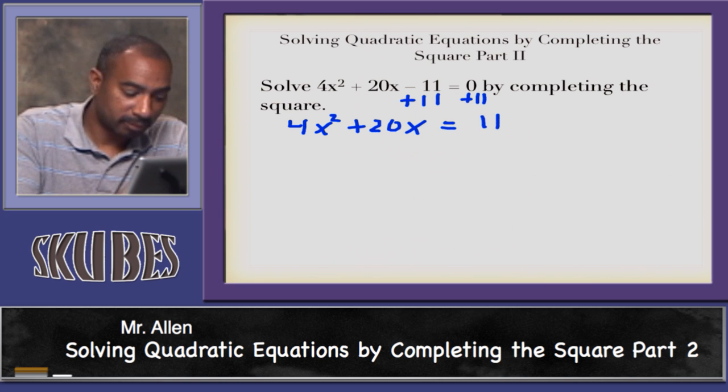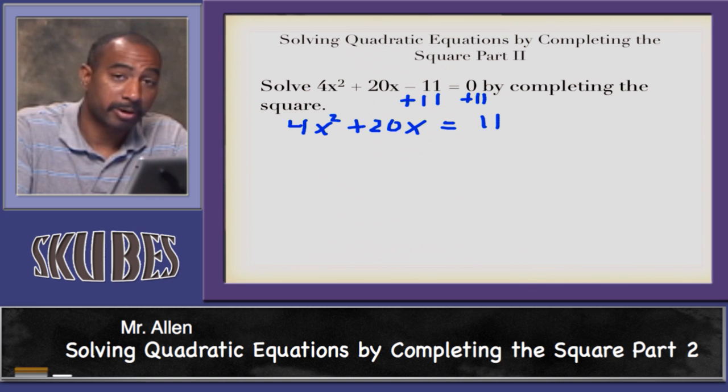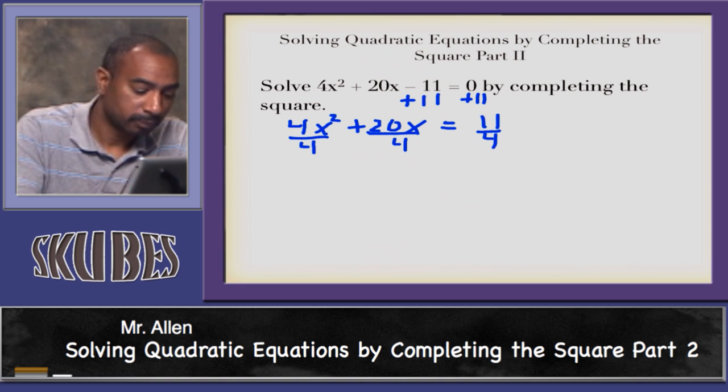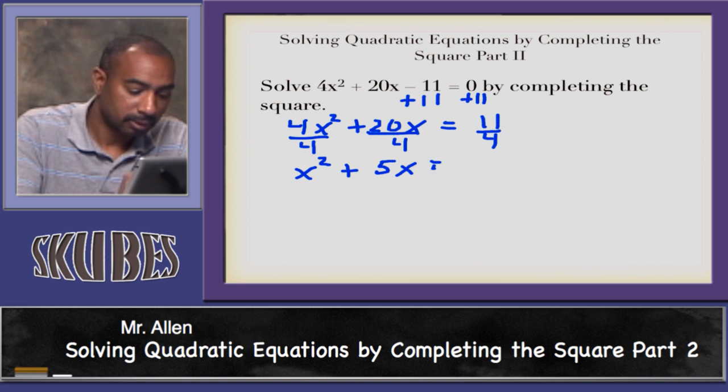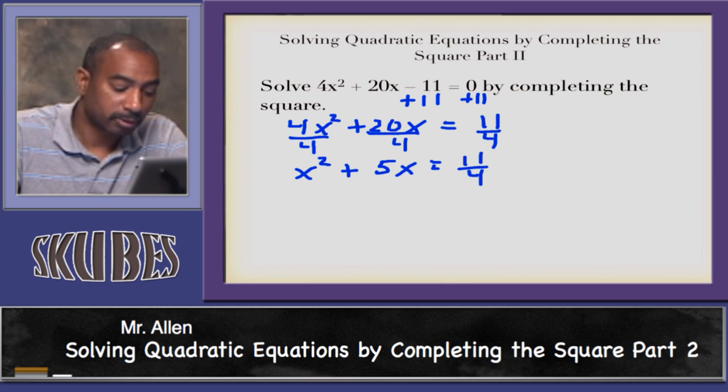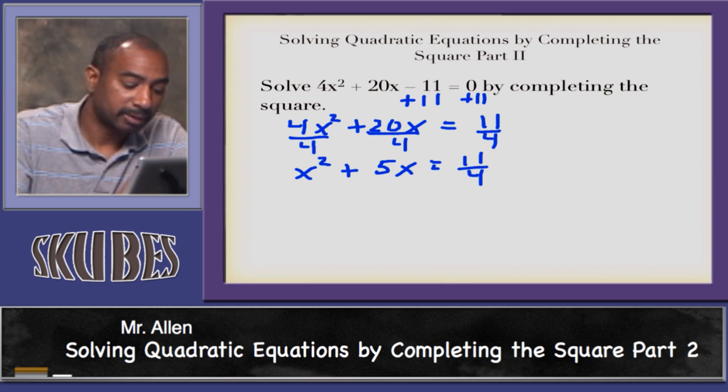And you have a leading coefficient that's greater than 1, which is 4. So you're going to divide everything by 4. So we're left with x squared plus 5x equals 11/4.